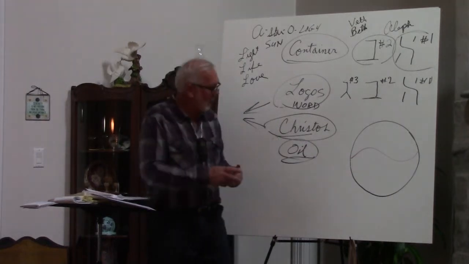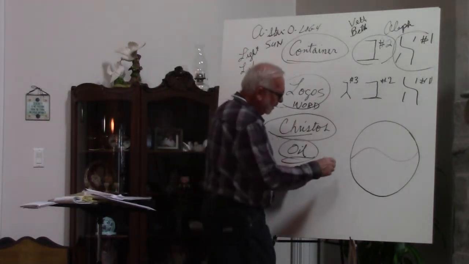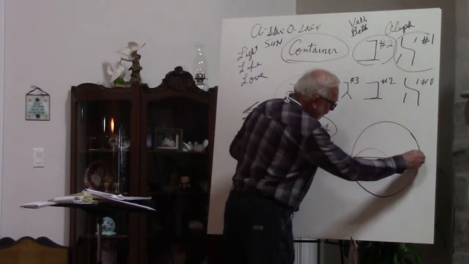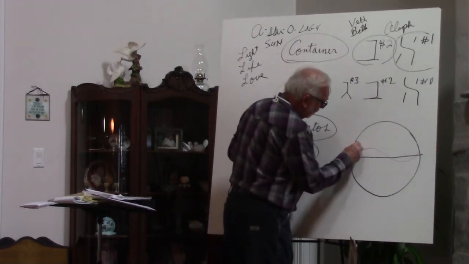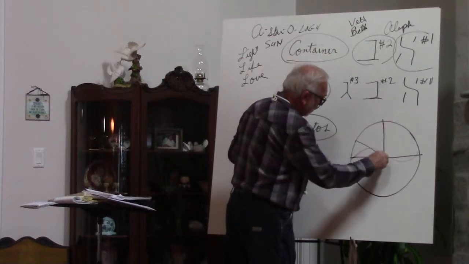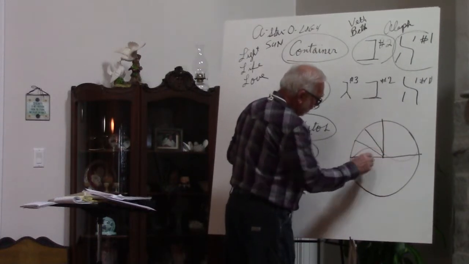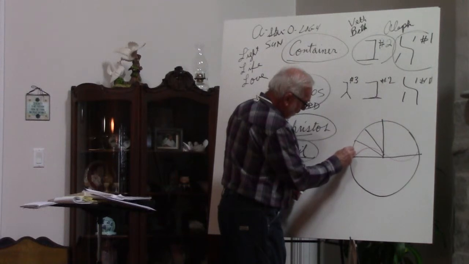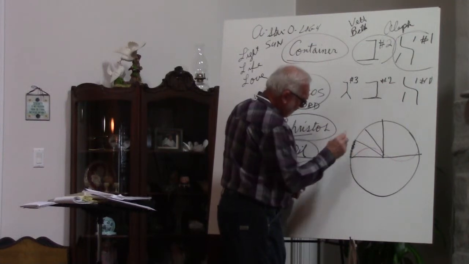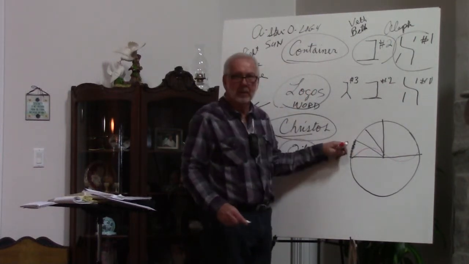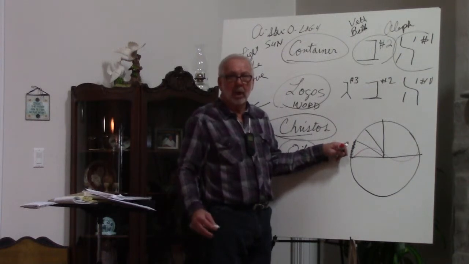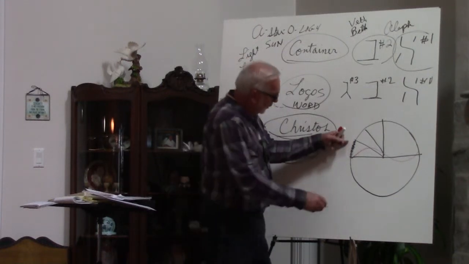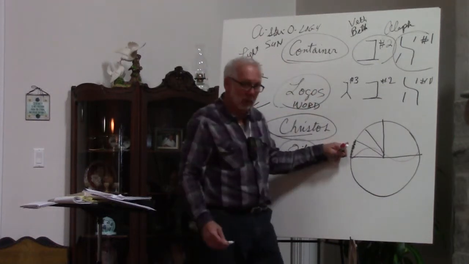It breaks down into this: each sign has 30 degrees in it. 30 times 12 is what? 360. A complete revolution.